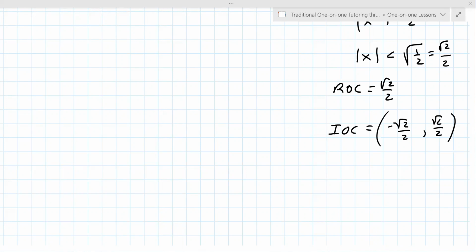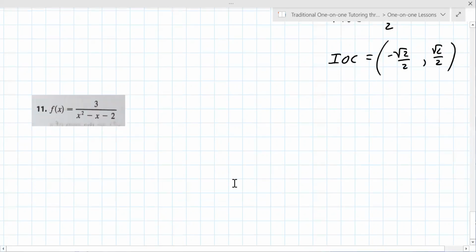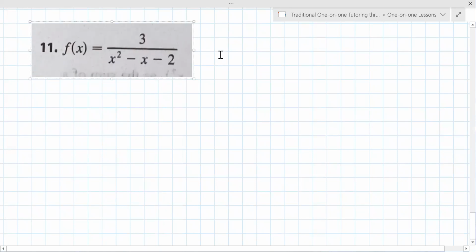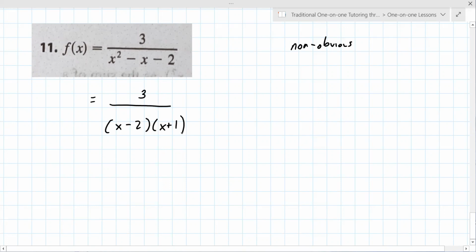Okay, so 11 is the start of where you've got to manipulate this thing before you do it. It's not just put the x in. It's what I call non-obvious. For example, here the bottom factors to x minus 2, x plus 1, and you're going to use partial fraction decomposition to separate it.